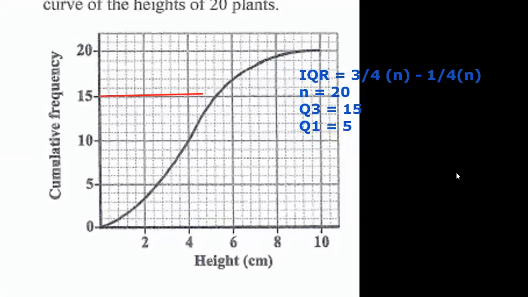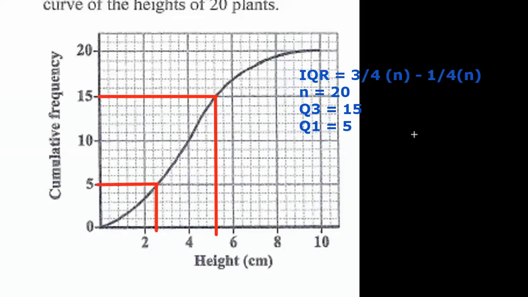The thicker line is going to be here, and it comes down here. And 5 is going to be here, and comes down here, right? So the interquartile range, students, is not 15 take away 5, right?